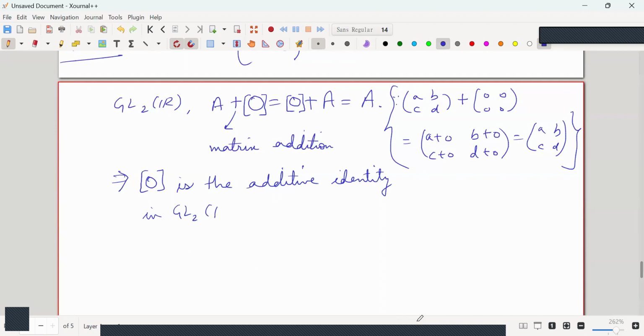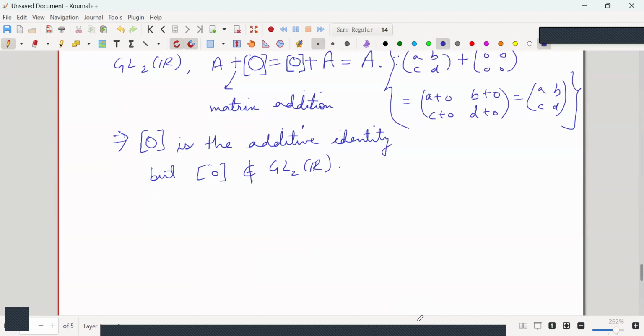But here the problem is this matrix 0 is not inside GL2R, right? Because we are talking about the invertible matrices and this is not invertible, right?